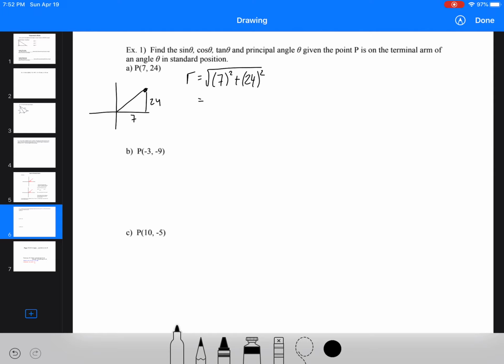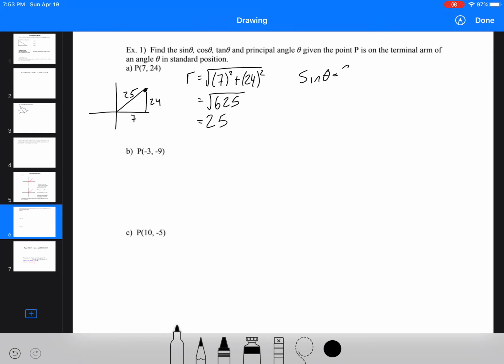R is going to be the square root of 7 squared plus 24 squared. So 7 squared is 49. So we've got 49 plus 24 squared, which is 576. So we're going to get the square root of 625. And we get 25 for our r.